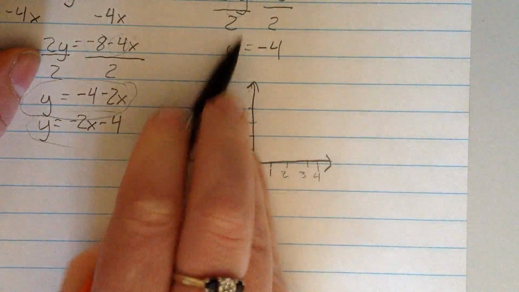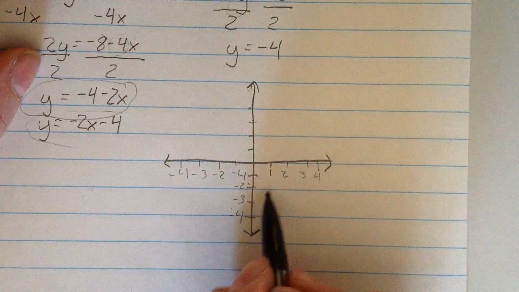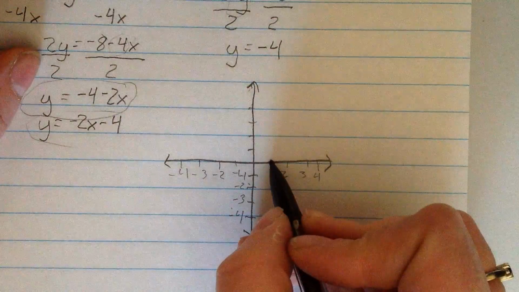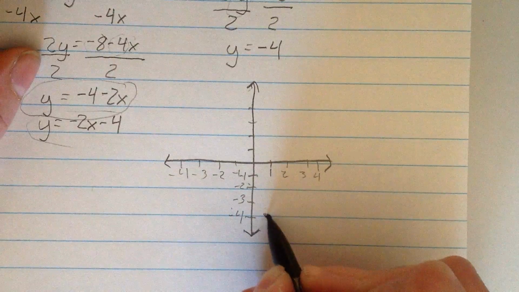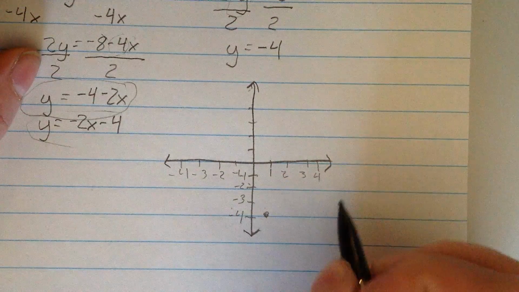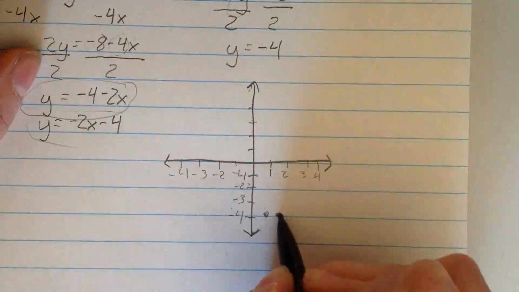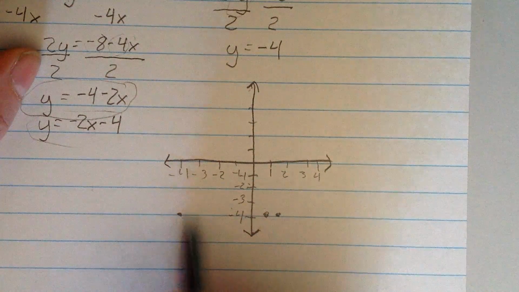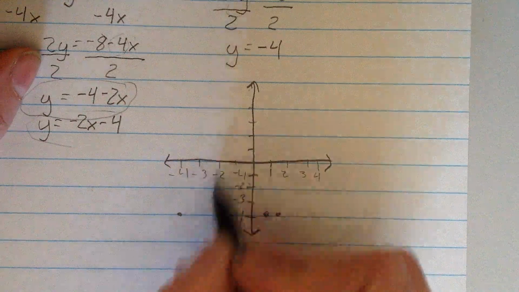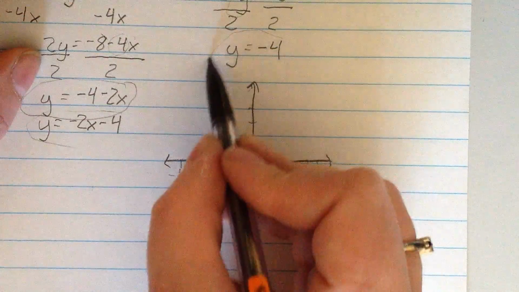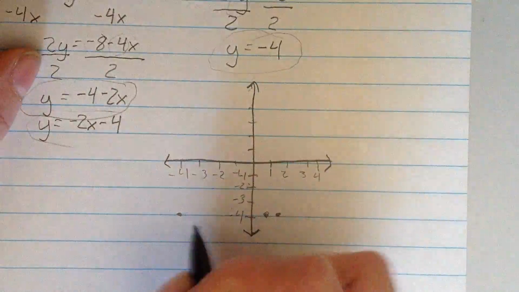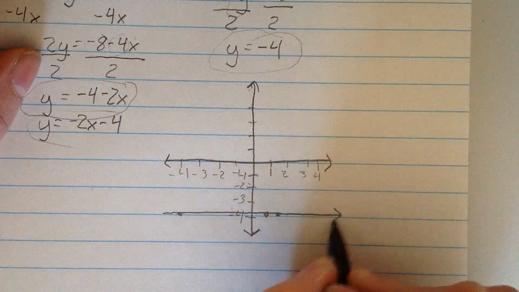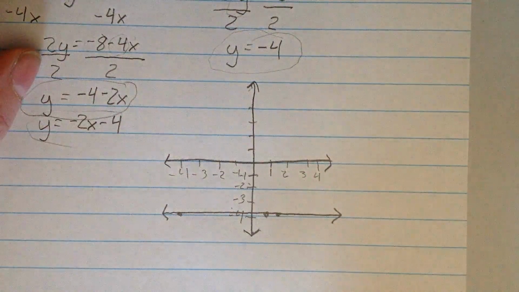So what y equals -4 is saying is that no matter what the value of x is, if I were to pick x equals 1, well, y would be -4. If I were to pick x equals 2, y would still be -4. If I were to pick x equals -4, y would be -4. If I picked any x value, no matter what, my y is still going to just be -4. So I end up with a horizontal line that runs right through -4.